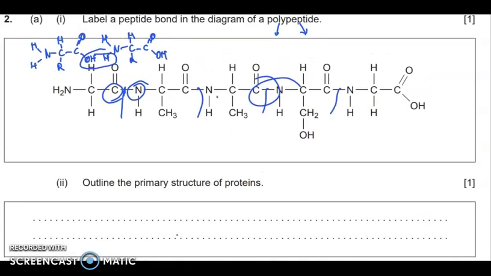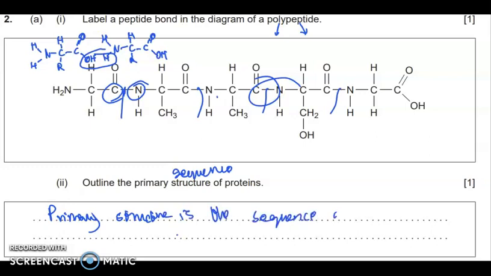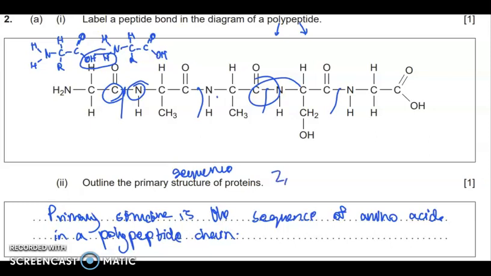Next question, outline the primary structure of proteins. The primary structure I mentioned previously is the sequence of amino acids in a polypeptide chain, and this actually determines the properties of the protein to a large extent, because the secondary, tertiary, and quaternary features of the protein are going to be determined by the identity of the amino acids.